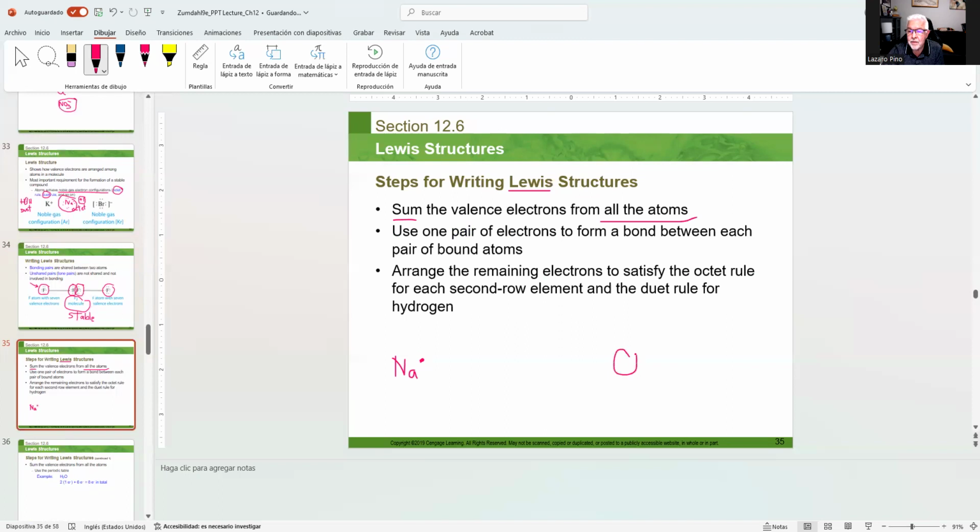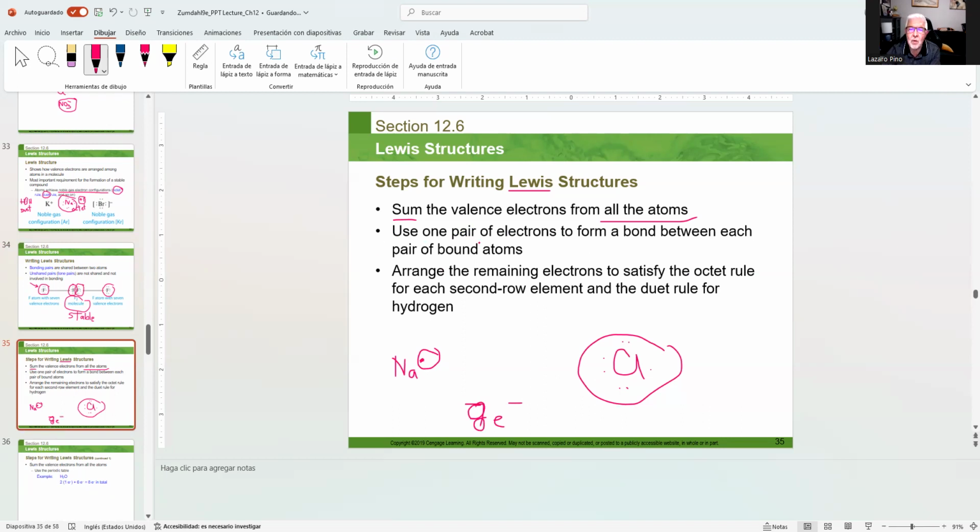But chlorine, for example, has 7 electrons in the outermost shell. So if we are going to make a compound using these two elements, we have to count the valence electrons of all the atoms. In this case, it is 8 electrons: 7 from chlorine and 1 from sodium.